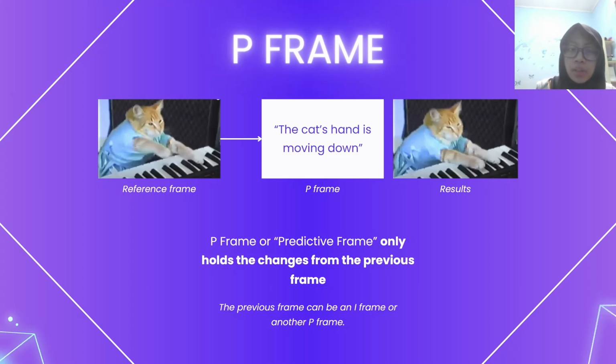For example, we have this reference frame right here, and the P-frame here should only contain the data that the cat's hand is moving down. Of course, it doesn't really store it in text, but this is just for this video alone. So it only stores the data that the cat's hand is moving down, and the result, when the video is all put together, will be that the cat's hand is moving down.